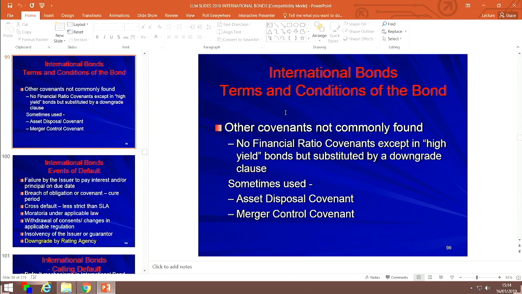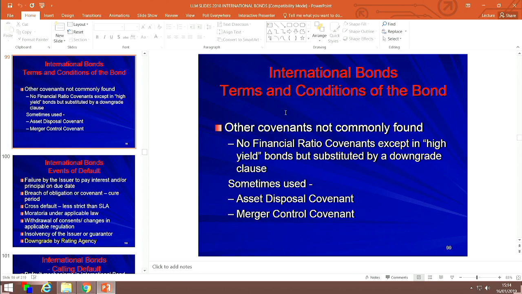And I think we also looked at the issue of why covenant protection is not as strong for bond investors when compared with syndicate banks in a syndicated loan. We looked at what the factors driving this are. And I think the bottom line we came to is that the covenant protection that investment banks will include in the bond instrument will be just sufficient to entice investors, to induce investors to come and buy the bond.